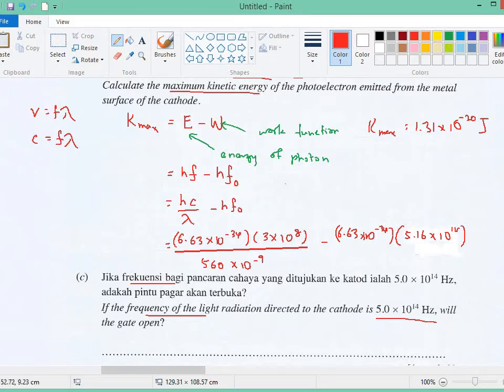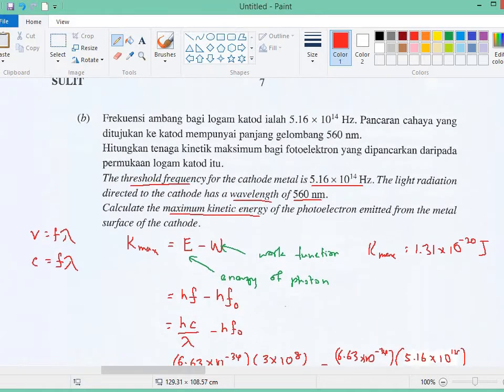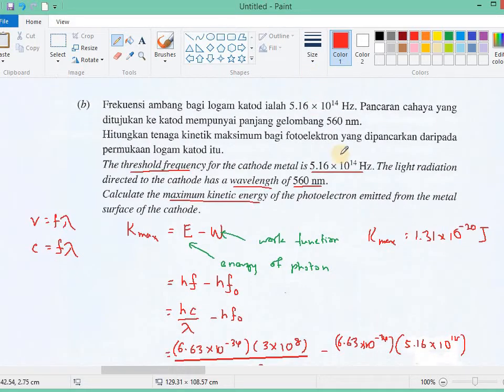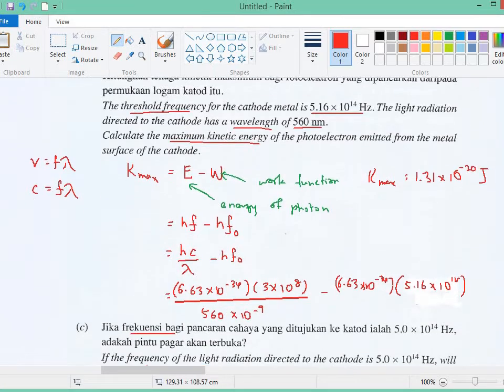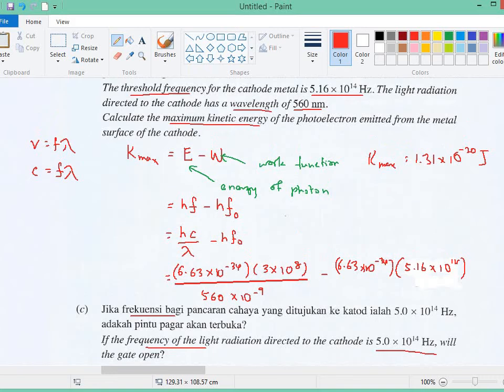That means, you see, this is the threshold frequency of the metal, 5.16 times 10 power 14 hertz. So the threshold frequency is greater than the frequency of the light. So this means that the photon of the light do not have enough energy to cause photoelectric effect to occur.